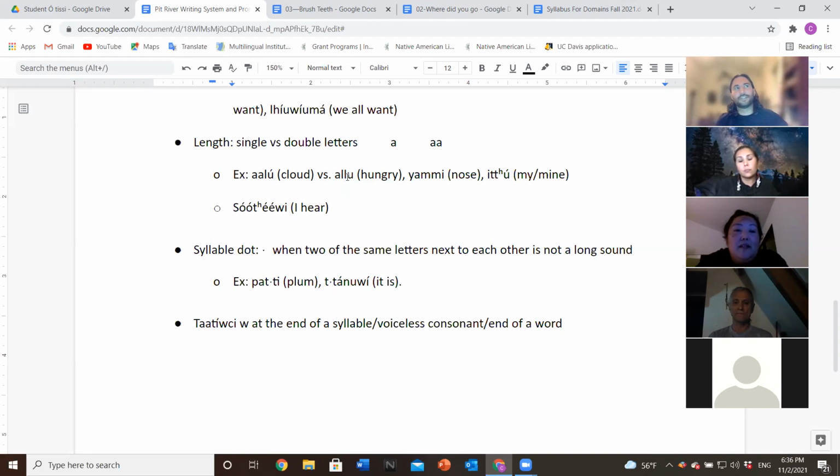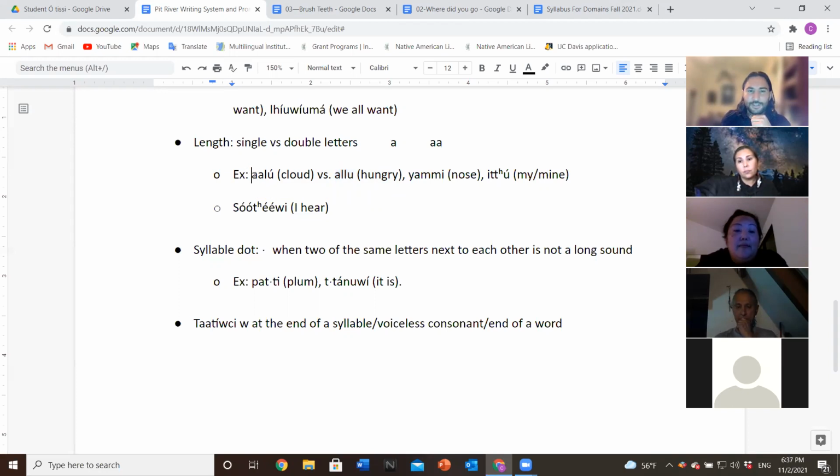So basically just hold that L a little bit longer on the second one. Yeah, it's just like L.